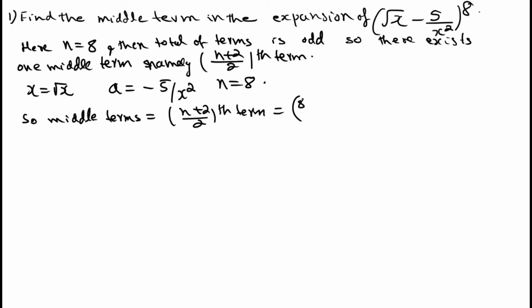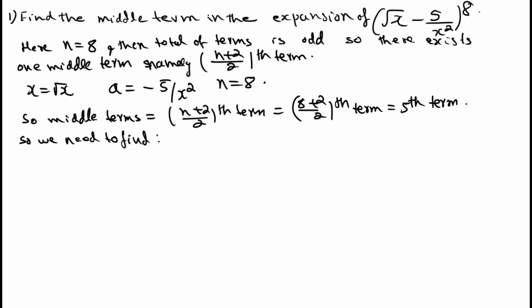The n value is 8, plus 2, divided by 2th term, that is 8 plus 2 is 10 by 2, that is the 5th term. Okay, the 5th term is the middle term. So we need to find T5.